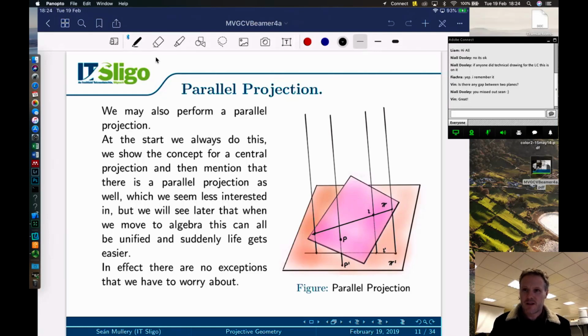So rather than this being an unusual case where the points don't meet, we'll actually unify those. So at the start, we always show the concept of the central projection and then mention that there is a parallel projection as well, which we seem less interested in. But we will see later that when we move to algebra, this can all be unified, and suddenly life gets a lot easier. In effect, there are no exceptions that we have to worry about at that stage.